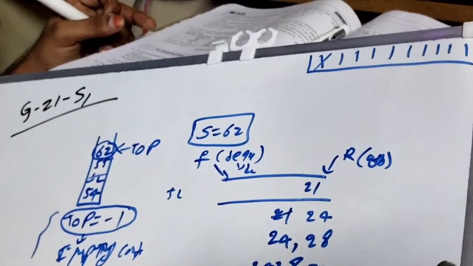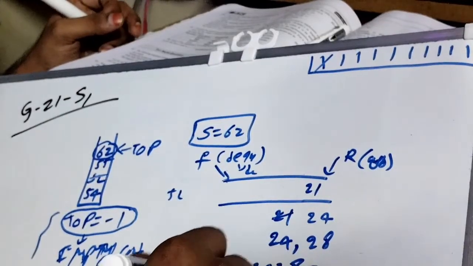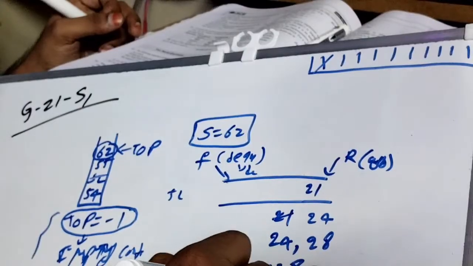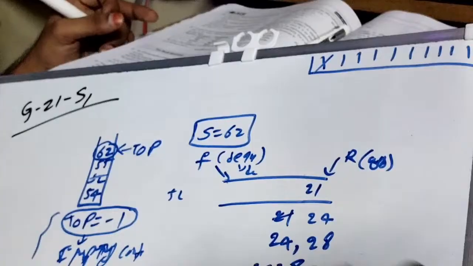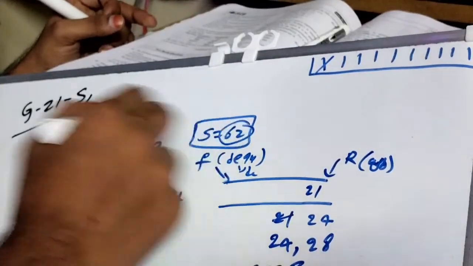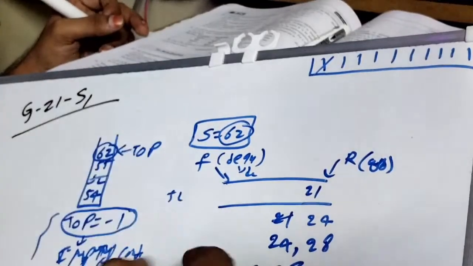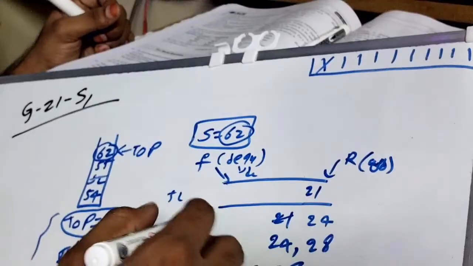Q equals DQ. So Q stores the DQ value: the first element comes out of the queue, which is 24. Then they asked for S plus Q. We have S as 62, the top stack value from the pop, and Q is the DQ value.